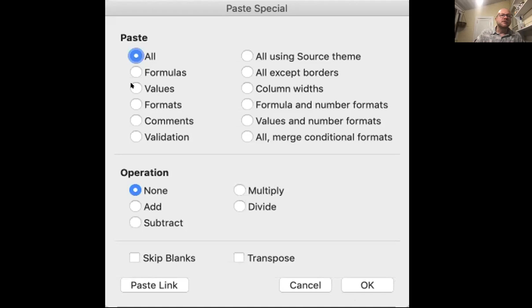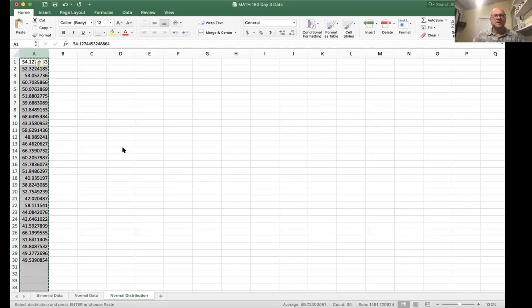You want to choose values, because now what it will do is to paste the values that had gotten from those formulas, and now it won't change when you do more operations to it. All right, hit OK, and I'm going to reshare in order that we can see that.